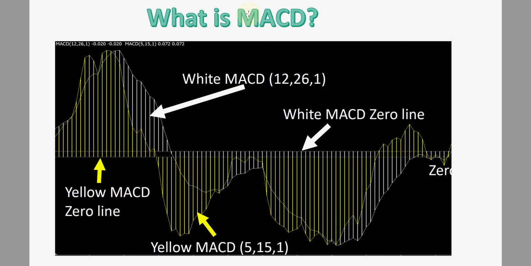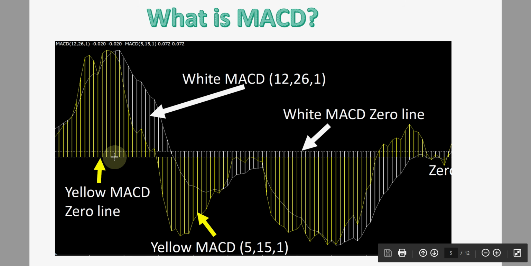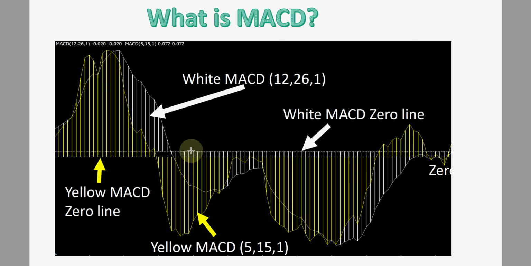So this is how the two MACDs will look on your chart. You have the big MACD with 12, 26, 1, and the small MACD with 5, 15, 1. They both have their own zero line. This is the zero line for the small yellow MACD and the zero line for the big white MACD.